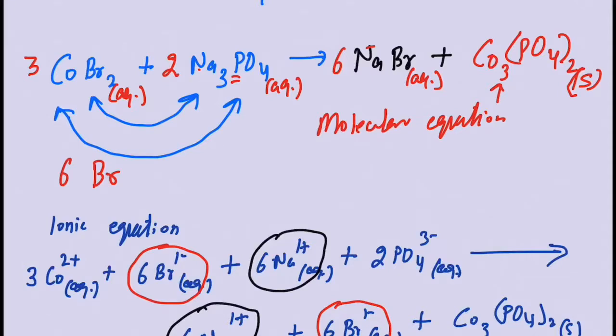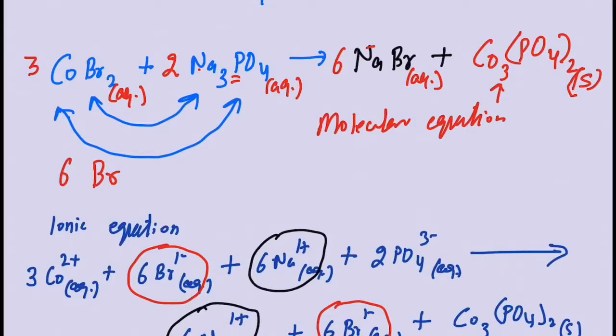So that's going to be your net ionic equation, and whatever has canceled out are going to be your spectator ions. So your spectator ions are going to be the sodium 1 plus and the Br 1 minus.